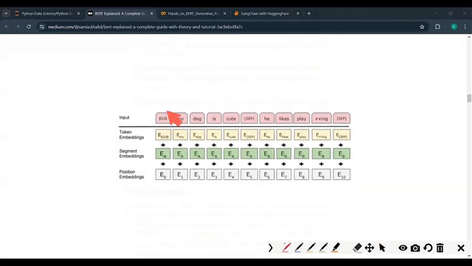So I have this statement here. The input statement is: my dog is cute. One statement, and he likes playing. Statement 1 and statement 2. Two statements are there.